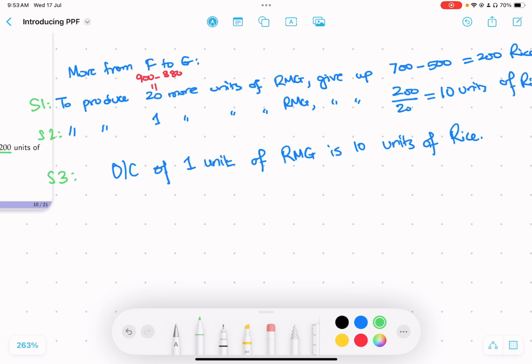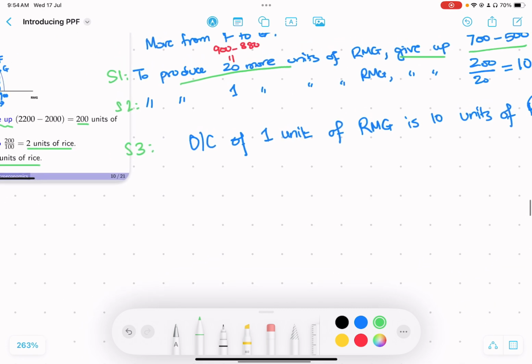The reason I emphasize this 3-step method is because then there's this logical flow. তুমি আমাকে just directly বলে দিচ্ছ না opportunity cost of RMG is this, because you need to explain to me opportunity cost আসলে মানে কি. When you're saying opportunity cost, what do you mean by it? So that's where the words give up show up. You're saying যে দেখো এটা বেশি প্রডিউস করলে এটা আমার give up করতে হচ্ছে. All of that element is there when you're writing it out in detail.